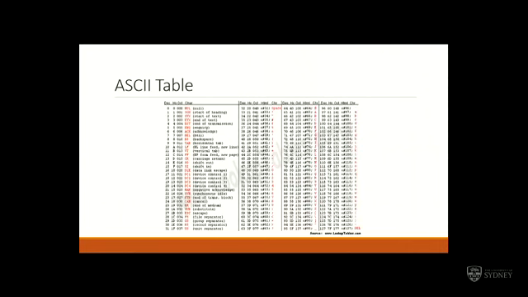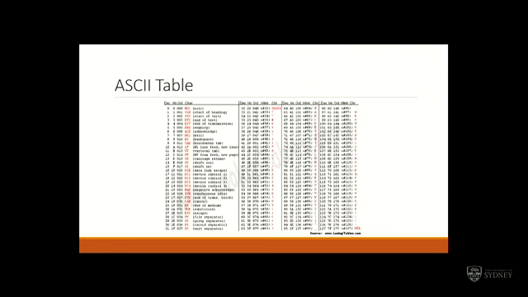So this is an example of the translation table for ASCII. Essentially a mapping from, you can see we've got a decimal number on the left, everything from 0 to 127. So everything that you can represent with those first 7 bits. Recall that ASCII only makes use of 7 bits.